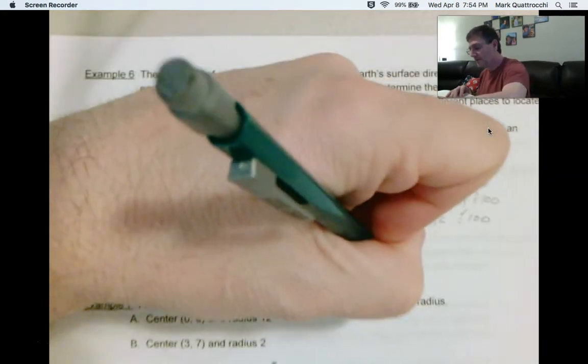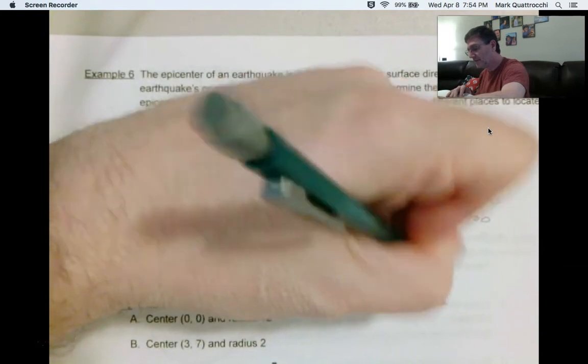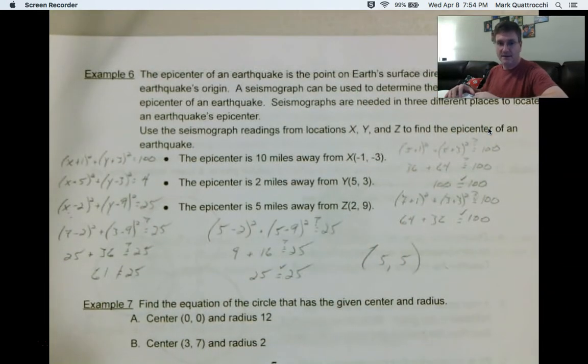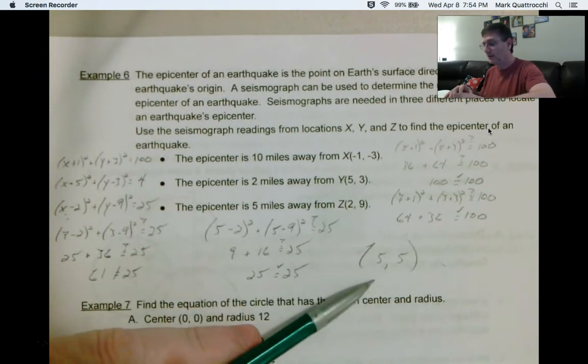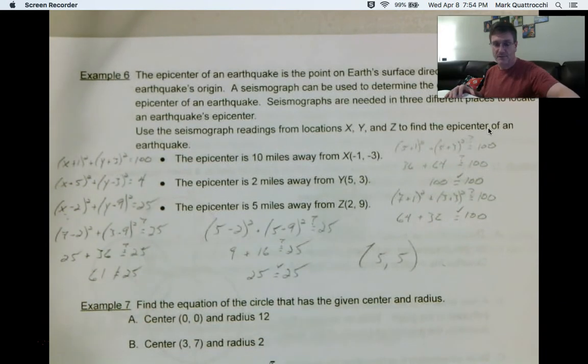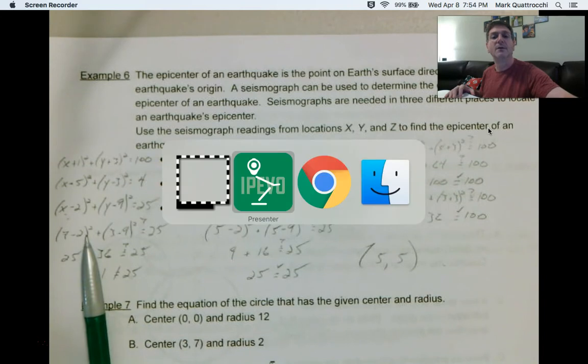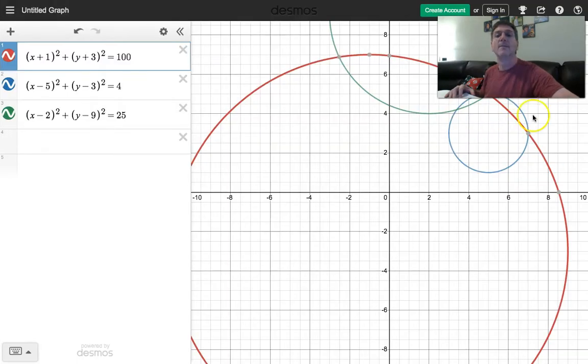So the point 5, 5 is the answer to all three of these equations, the only point that's on all three of the equations, making this the epicenter of the earthquake, which, when we look at Desmos, 5, 5 is the intersection of all three of these circles.